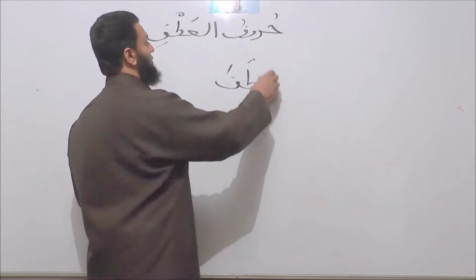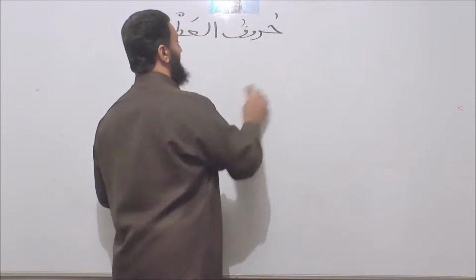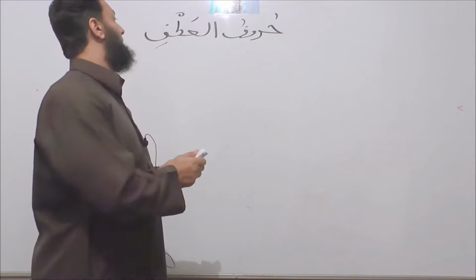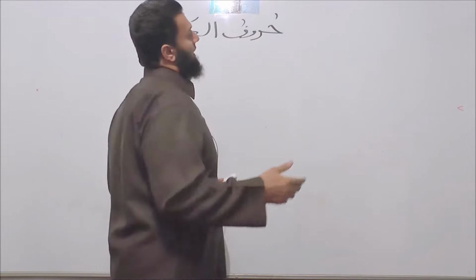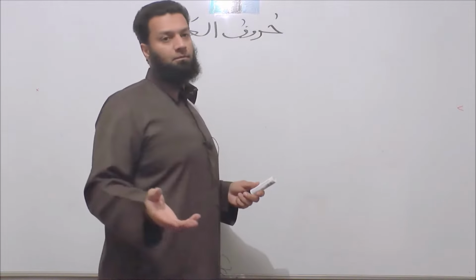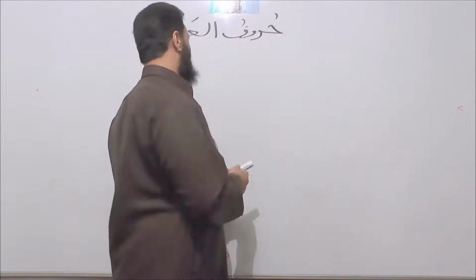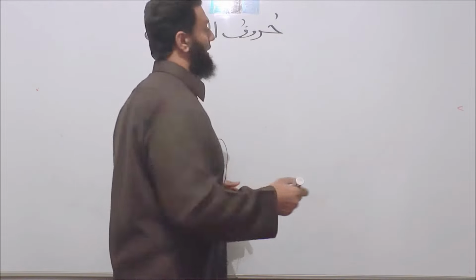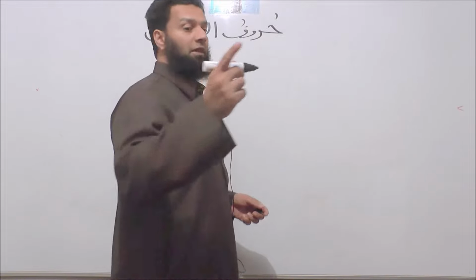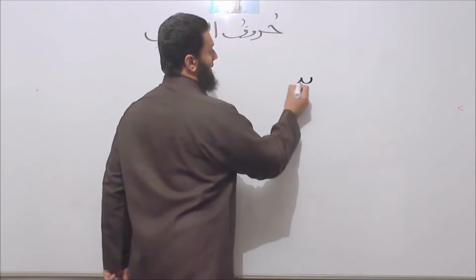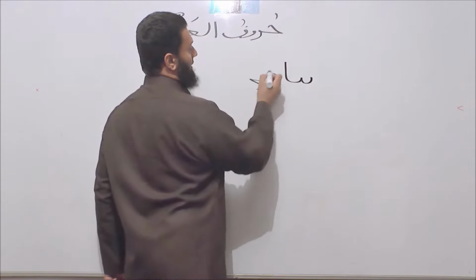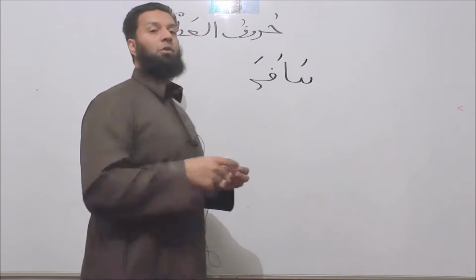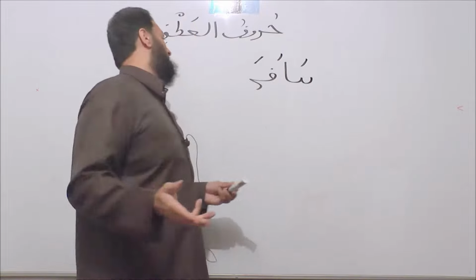So, to illustrate therefore, if we have a verb, a fi'lun, and we want to say he travelled, how do we say he travelled, ya Muhammad? Safara. Safara, which means he travelled.